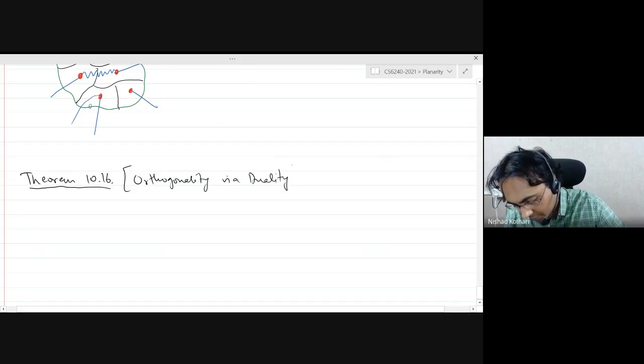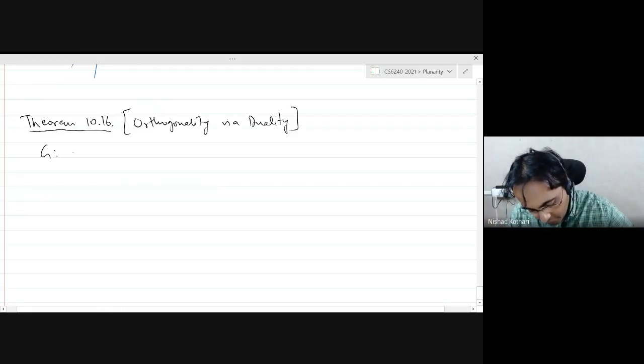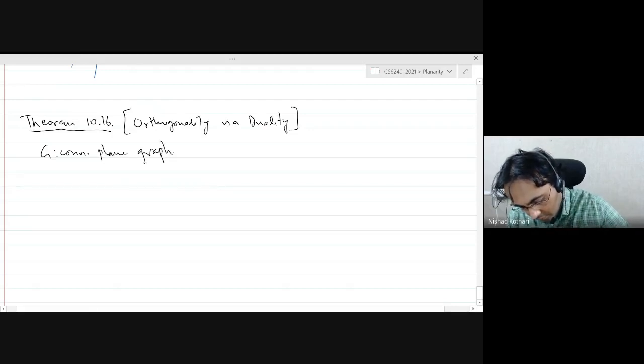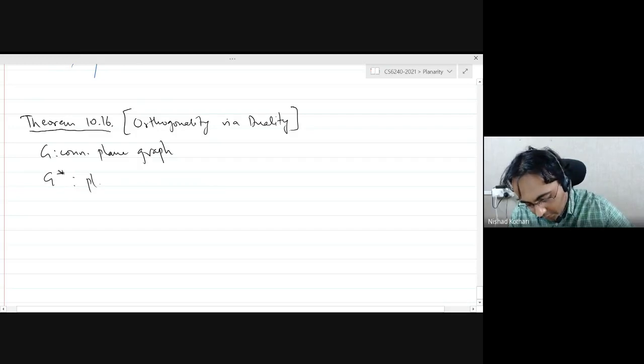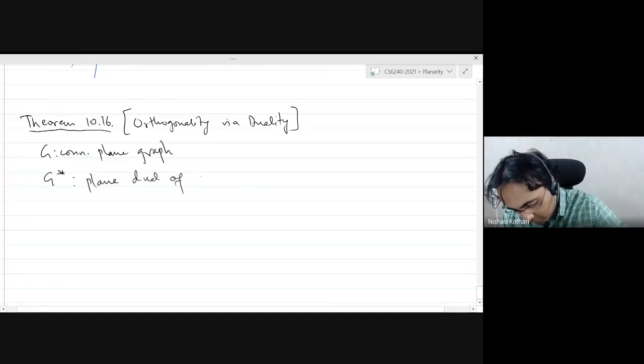That's a good way to label this theorem if you like. So you take any connected plane graph and you look at its plane dual. So it's important that instead of the abstract dual, we are referring to the plane dual. Okay, so the plane dual of G.